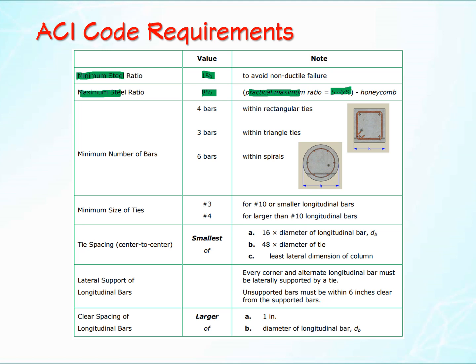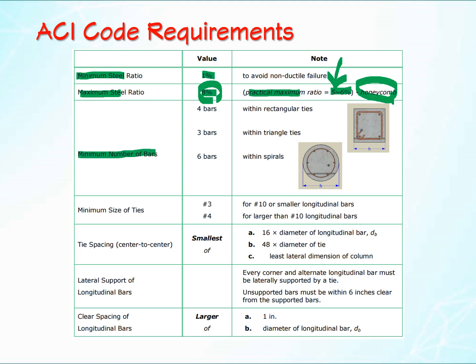If you use more than 5%, if you look at the column from top before casting concrete, it will be so congested, so that there is no practical way to place concrete properly without having honeycomb. So even though ACI allows 8%, do not use 8%. If go over 5%, get alert, because construction quality may be different from your blueprint.